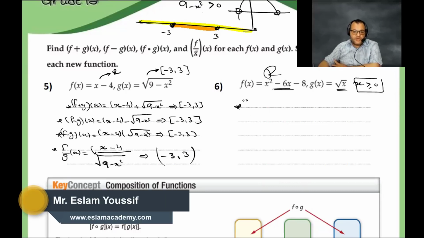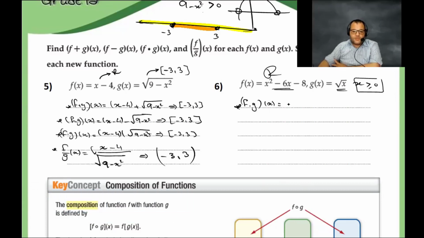But for multiplication, I found some mistakes. f times g of x will be the first one, x to the power 2 minus 6x minus 8, you have to close the bracket, times the square root of x. If you want to use the distributive property, no problem. If you want to leave it like that, no problem. Both of them will be right. And the domain still will be x greater than or equal to 0, the same domain.